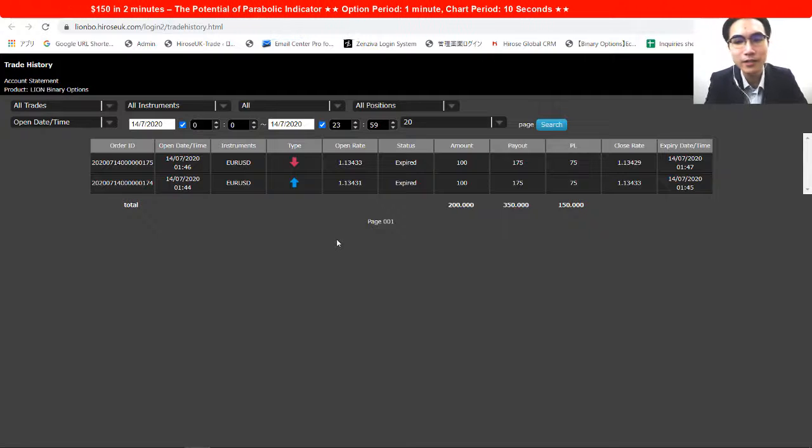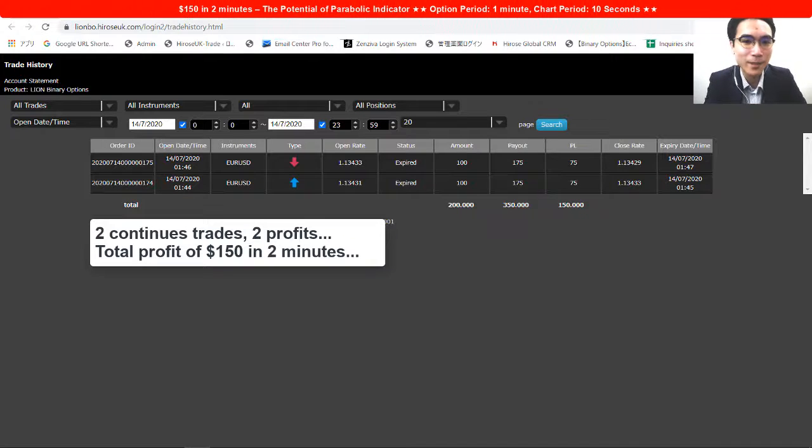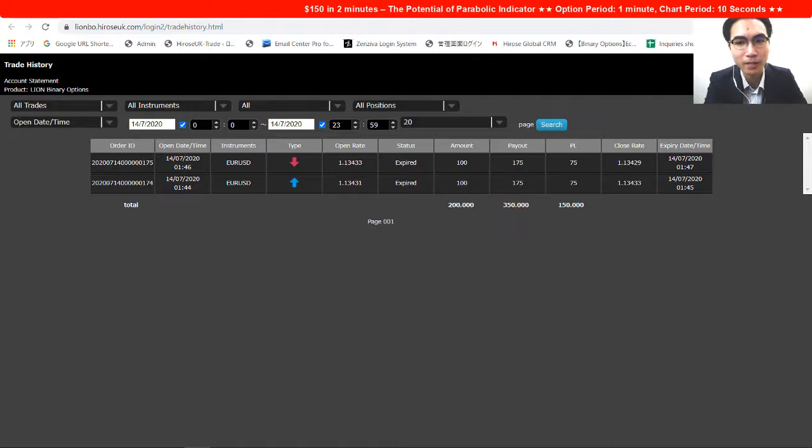Okay, 2 trades in a row, and I didn't wait much in between trades. You see that the first trade I opened at 144 and finished at 145, and then right after that at 146 I opened another trade. Again, as long as you can spot a range market, this strategy is really powerful.